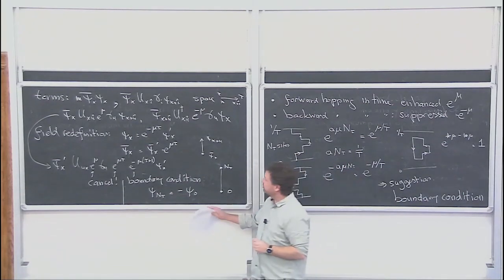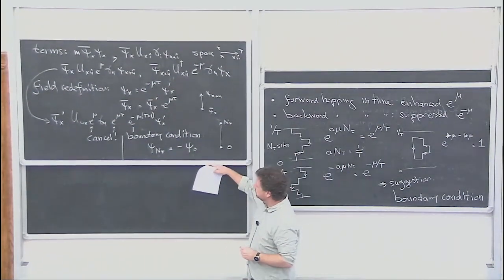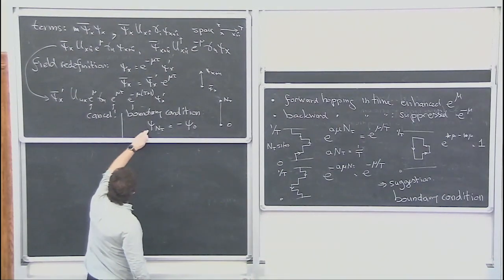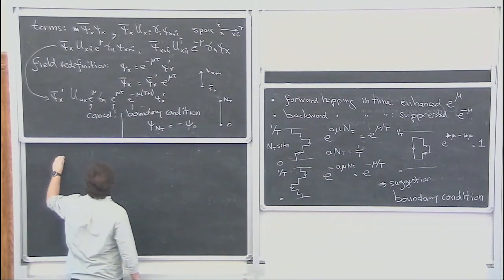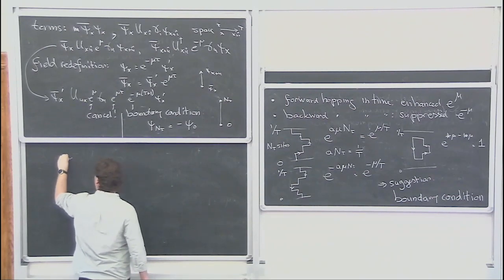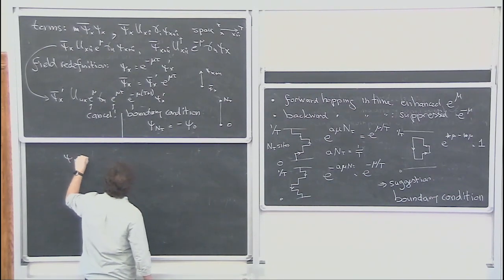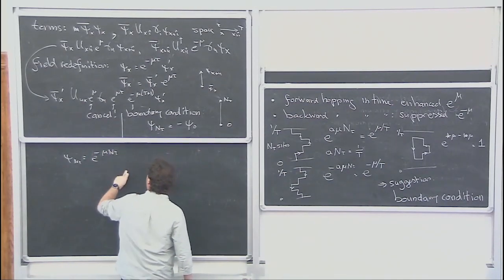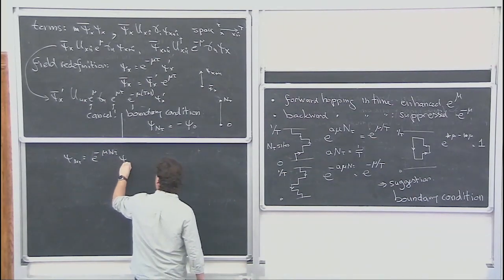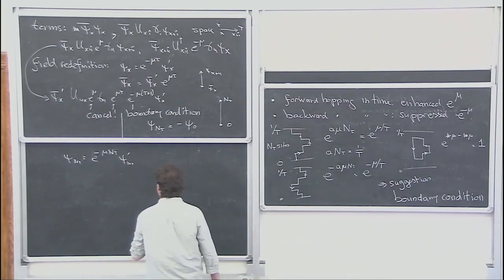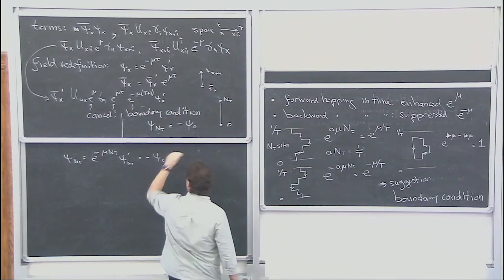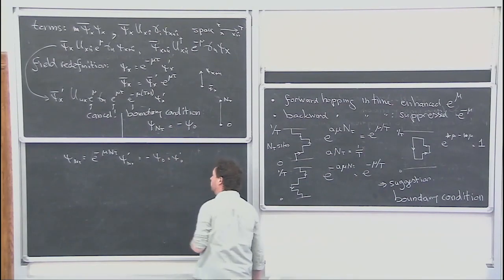And if I express this now in terms of the primed fields, then psi at n tau goes to e to the minus mu times n tau psi prime at n tau, and that should be minus psi at 0, which is just psi prime at 0.